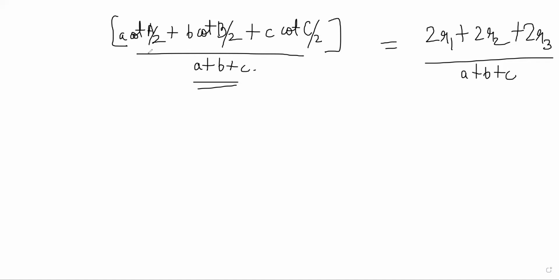So A cot A by 2, B cot B by 2. We have R1 is equal to S tan A by 2 and all.